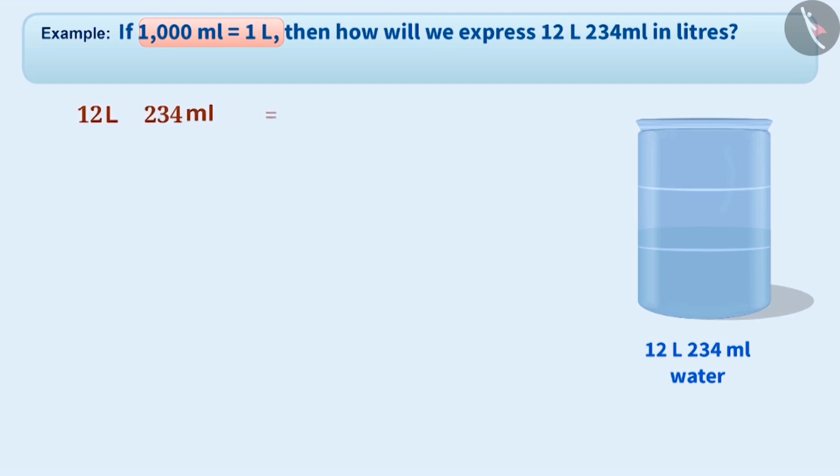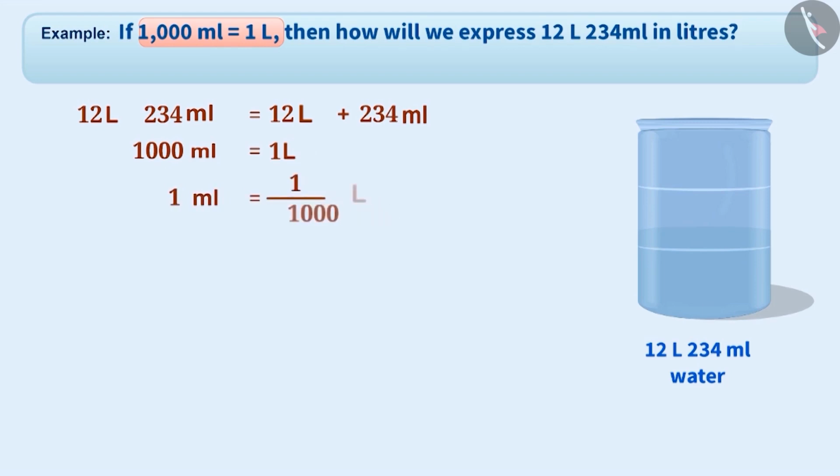Here, 12 liters 234 milliliters is equal to 12 liters plus 234 milliliters. Since 1000 milliliters is equal to 1 liter, 1 milliliter is equal to 1 by 1000 liters, that is 0.001 liters.